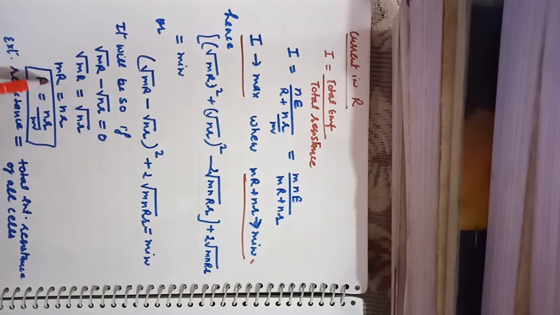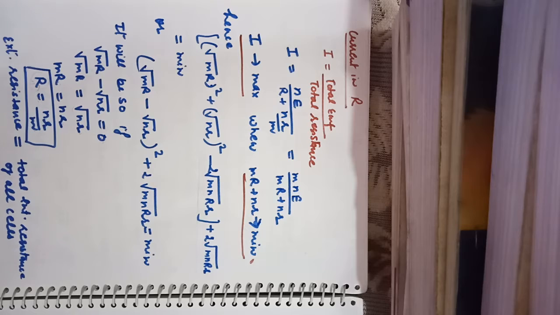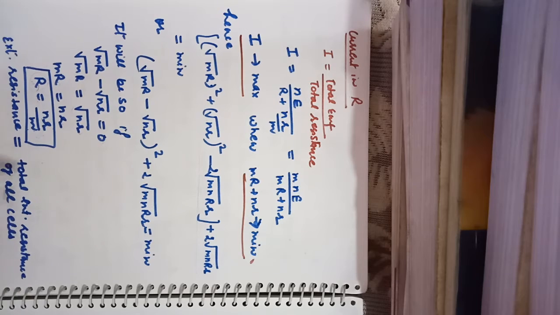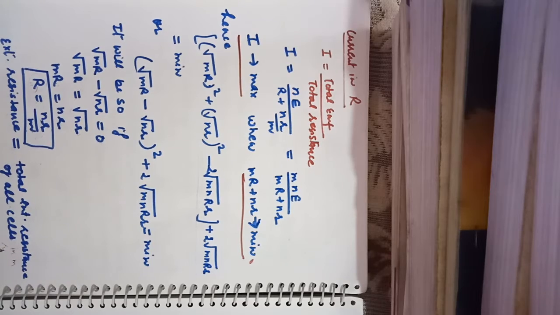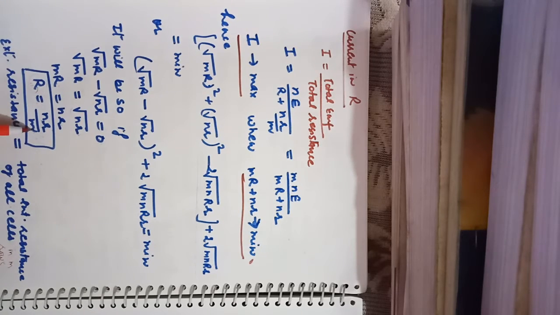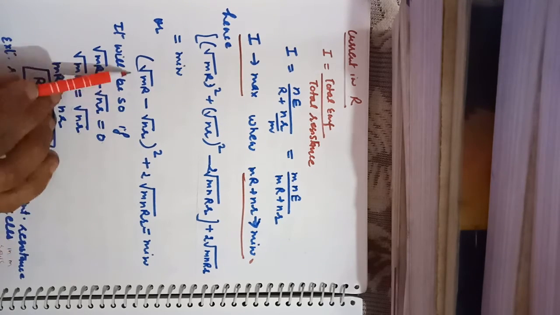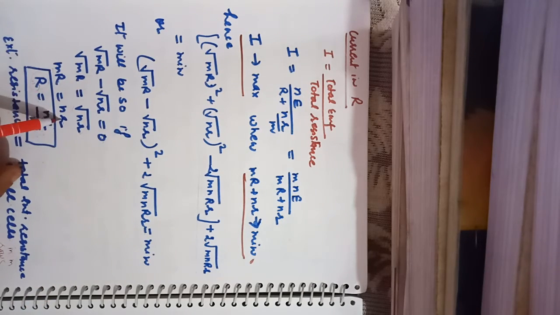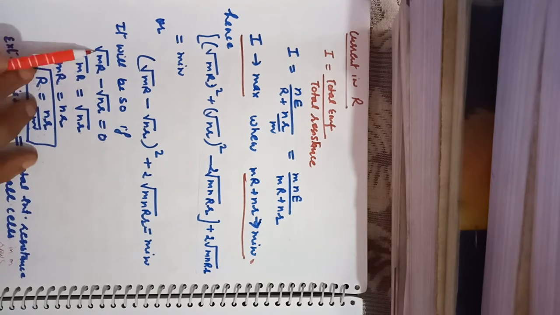So when the value of external resistance is equal to the total internal resistance of all the cells connected in m rows, then I will be maximum, because this condition will be minimum when this is equal to this, and from here we have got the value of R.